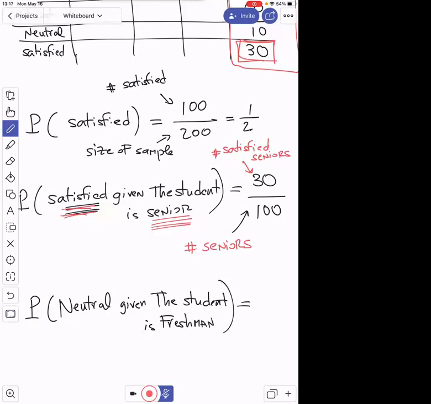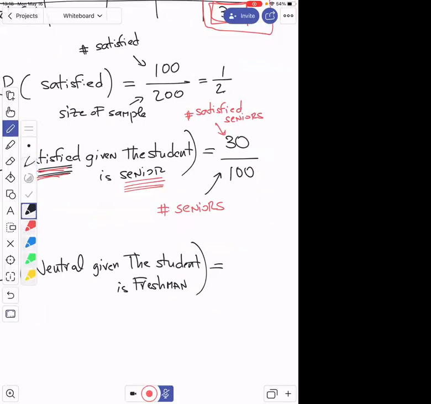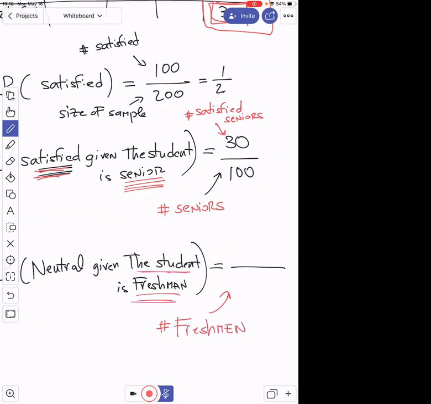So here in the denominator, it's not the total number of students. Because we know that the student is a freshman, in the denominator it's going to be the number of freshmen. So the sample is given by freshman students. In total, we have 100 again. The total number of freshmen is 100.